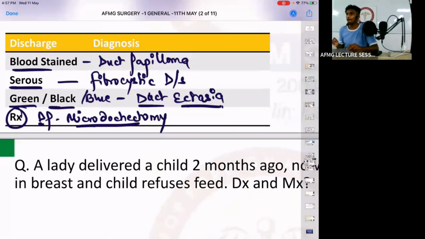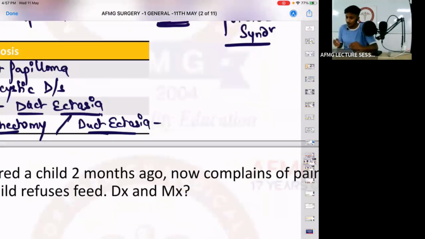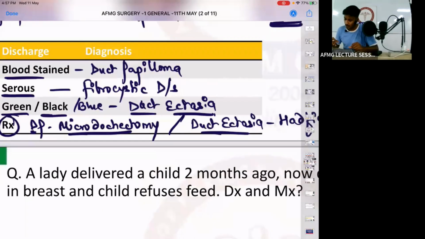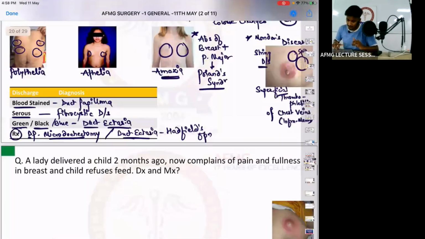But duct ectasia involves multiple ducts, so we will perform a conization surgery, which is known as Hadfield's operation. Microdochectomy is done for duct papilloma. If duct ectasia involves only a single duct, we can do a microdochectomy also. Okay, no issues with this.